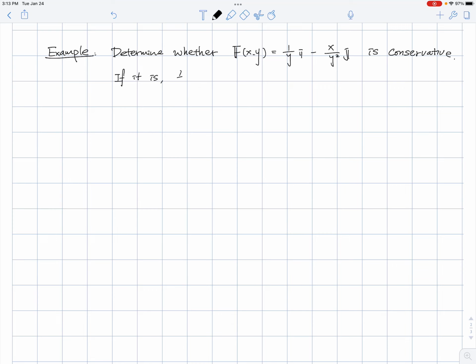If it is, find the potential function for the vector field.